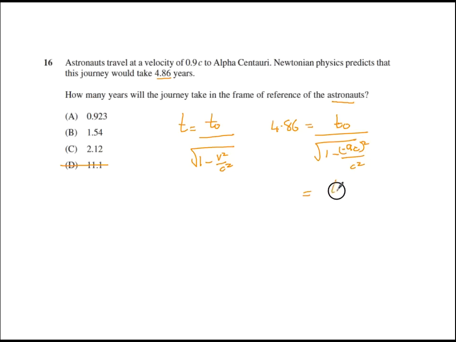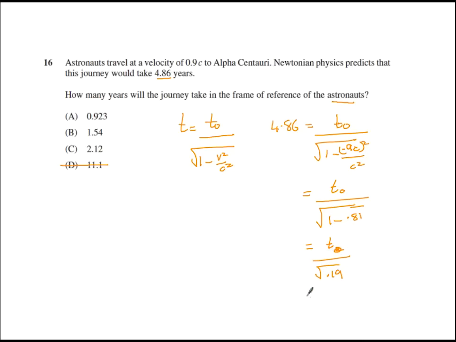And that leads me to, now these c squareds cancel out, so I've now got the square root of 1 minus 0.9 squared. So 1 minus 0.9 squared is 1 minus 0.81. So therefore t₀ equals t over the square root of 0.19.